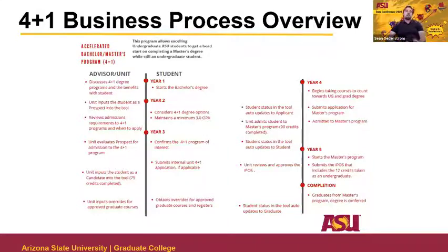And the way that's accomplished is that it is a special arrangement, with special approval for these programs, for students to begin taking graduate courses while still in their undergraduate program. And then they are allowed to share those hours between both programs, so that they double count those hours for both the undergrad and the graduate side.